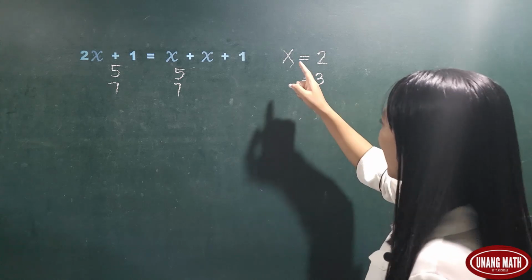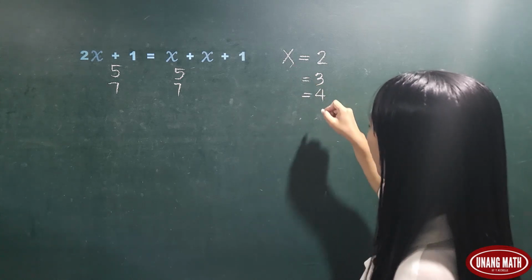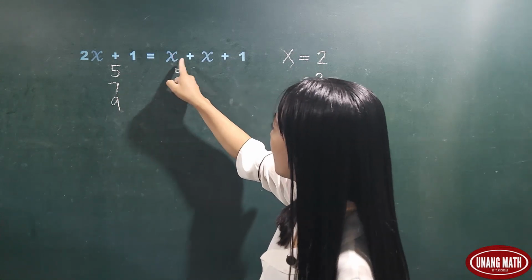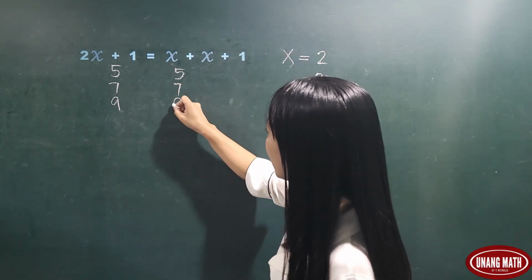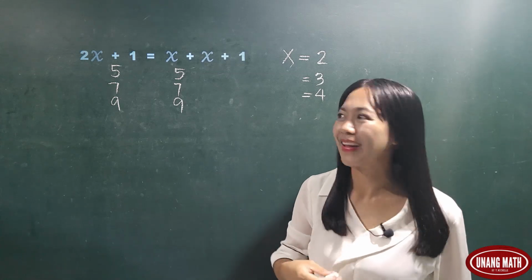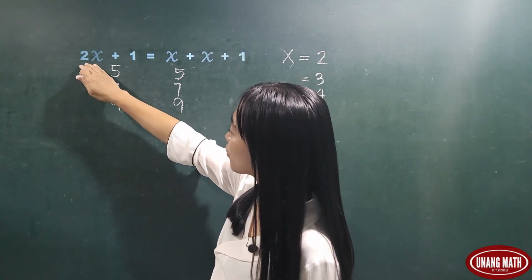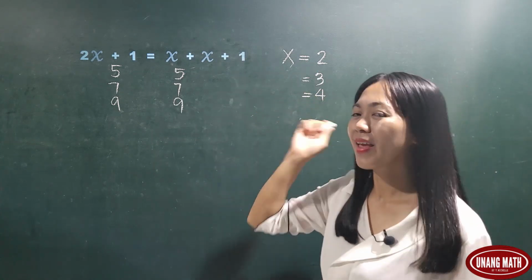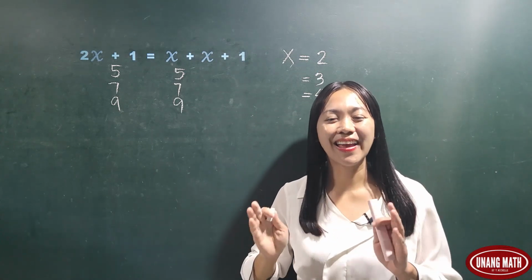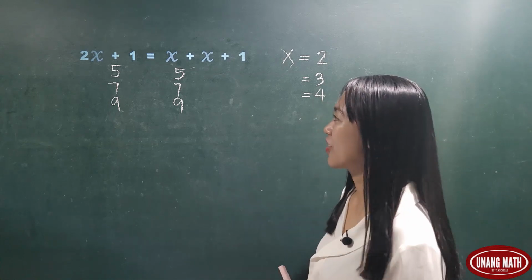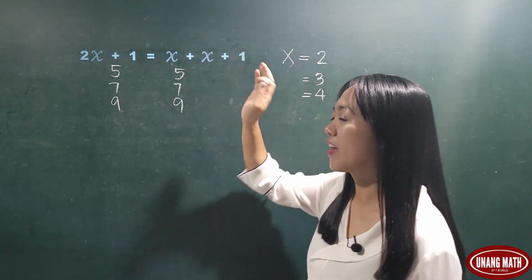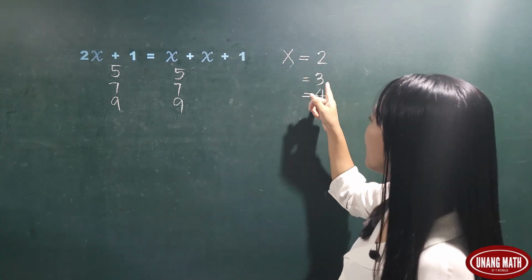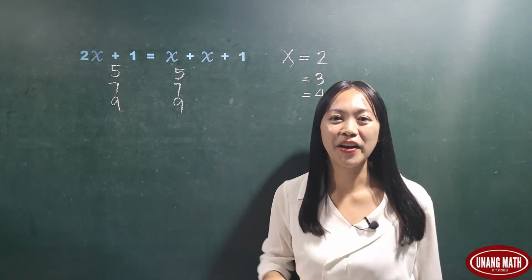Let's say x is equal to 4. 2 times 4 is 8 plus 1, 9. 4 plus 4 plus 1 is also equal to 9. So this equation, 2x plus 1 is equal to x plus 1, is an example of an identity equation. This equation is always true regardless of the values of the variable.